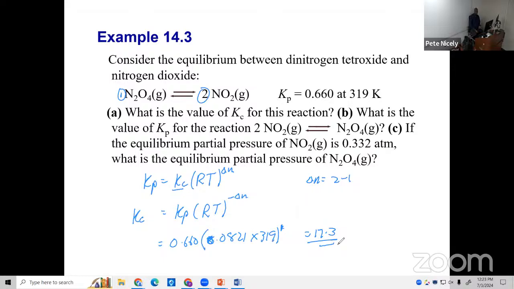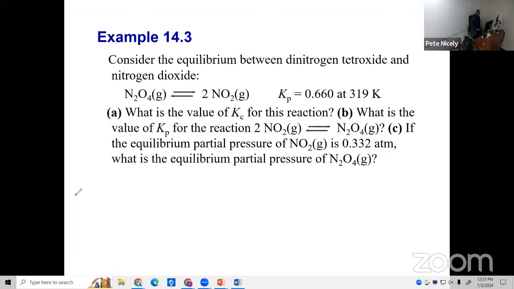Any questions about that? Okay, part B says, what is the value of Kp for the reaction? Look at the reaction. When you compare the equation in B to the original equation, what do you notice? It's flipped. So how do we calculate the Kp for B? Yes, 1 over Kp, exactly.